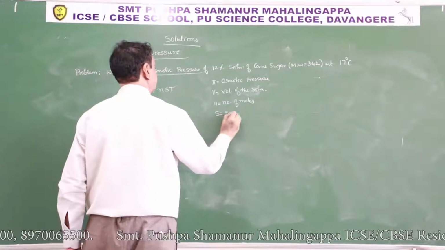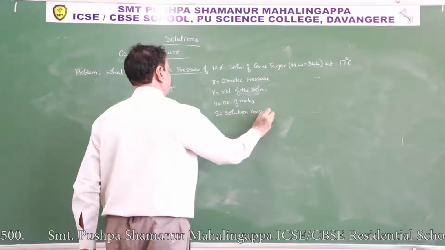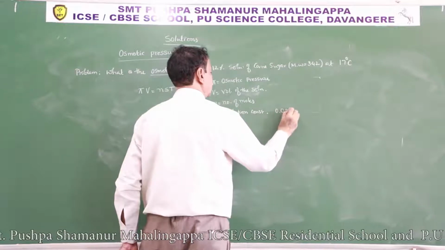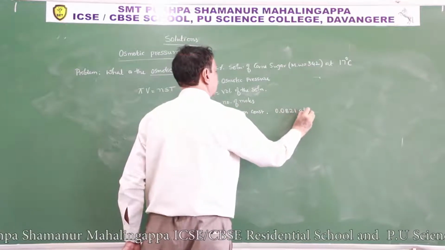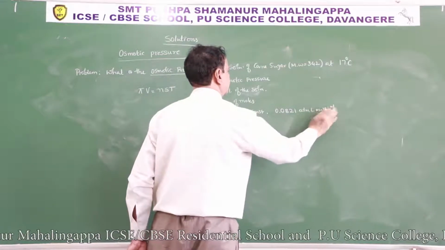S is the solution constant, its value is 0.0821 atmosphere liter per mole per Kelvin.